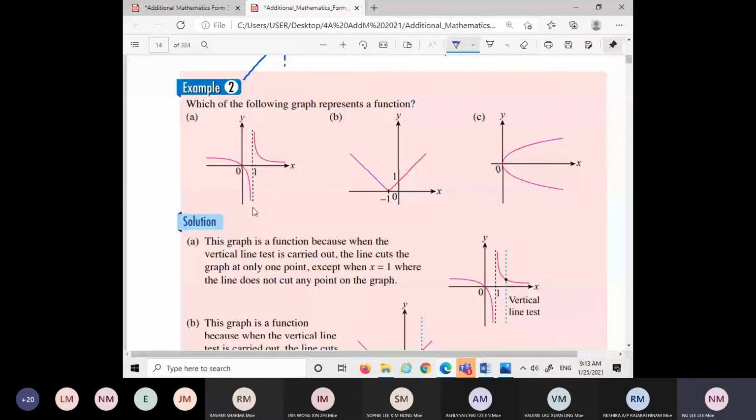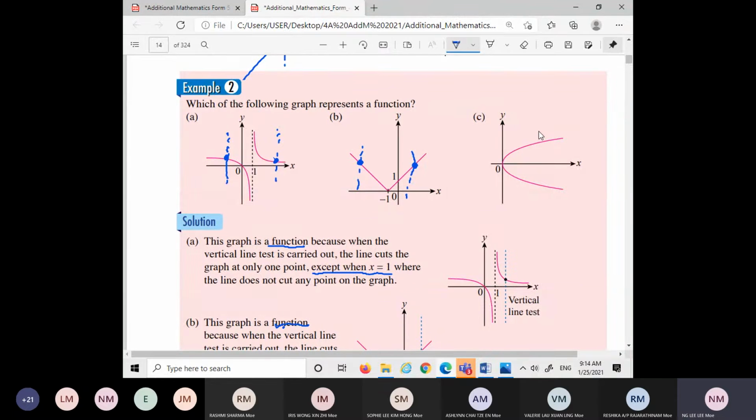So for the others, when you draw a vertical line, you will only cut one point. Therefore, this is a function, for A. Then for B, same thing. When you draw a vertical line, it only cuts one point, so B is also a function.